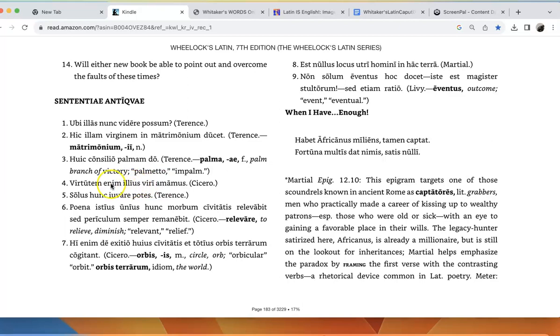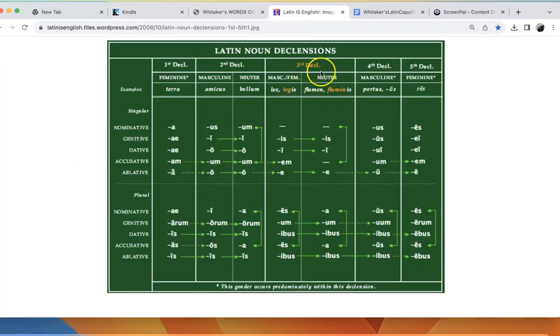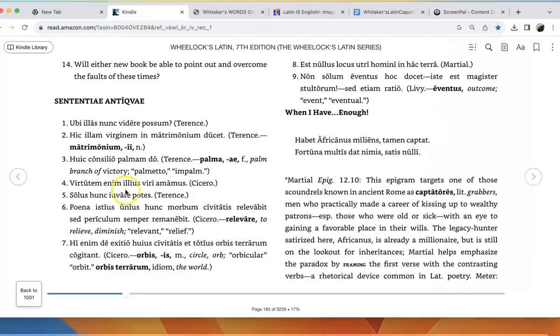So we put it together, for we love. And then we love what? We love the virtue. So notice virtue ends in em because virtue is third declension. And sure enough, third declension accusative singular ends in em, and that tells us it is the direct object. So for we love the virtue.